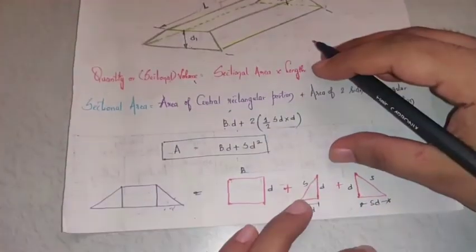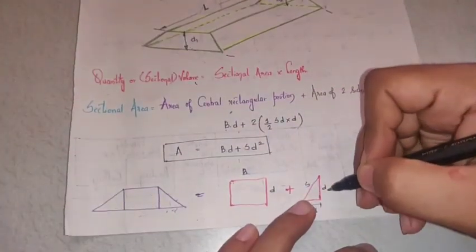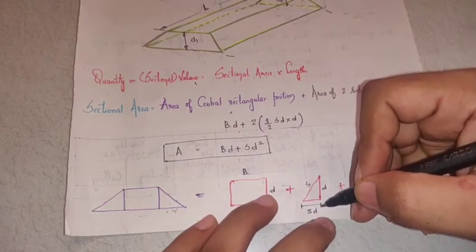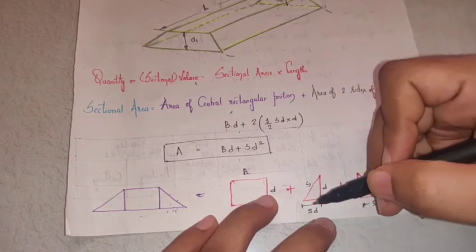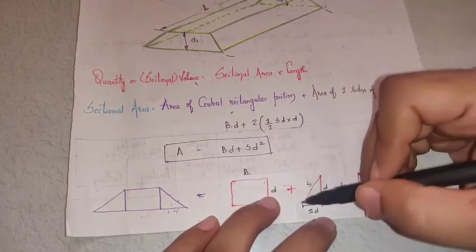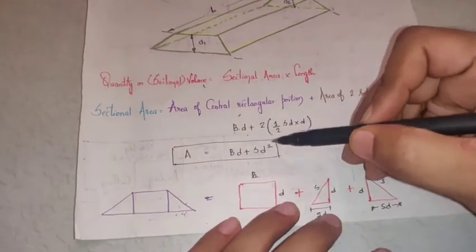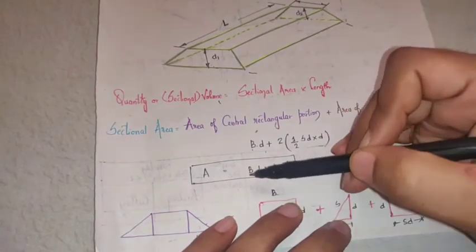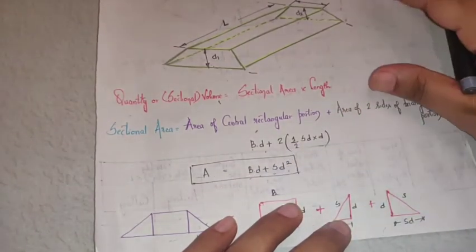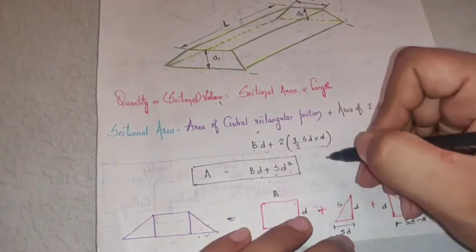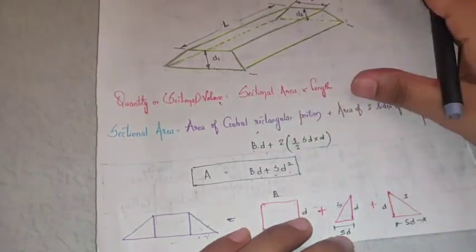This is slope S, this is depth D, so the base will be S into D, right? Half base into height is half into S into D into D, so this is S into D square. Half plus half is one full, so the 2 cancels and we are left with S D square. So area is equal to B into D plus S D square. If I multiply this by the length, I'll get the volume.